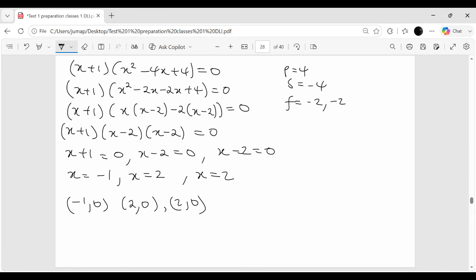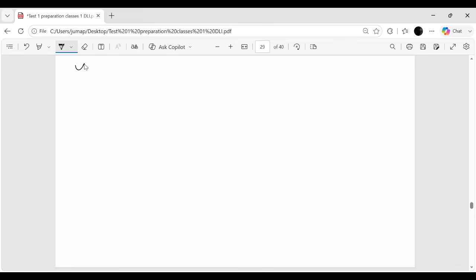So most of the time we just say x equals 2, just once. These are x intercepts, so the only thing you're supposed to find is the y-intercept.